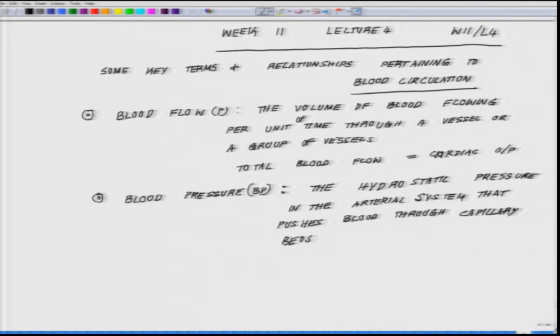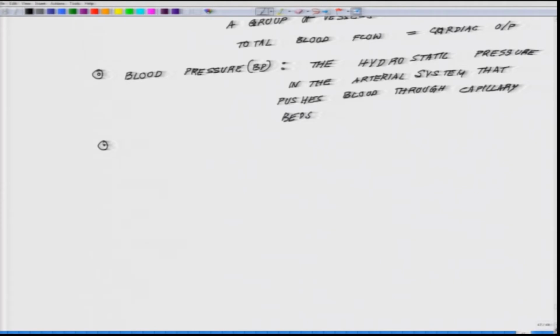Okay. The third definition in the same line, important definition, is circulatory pressure. What is circulatory pressure? So, we have talked about the blood pressure.